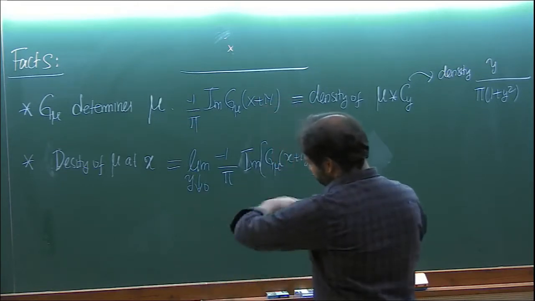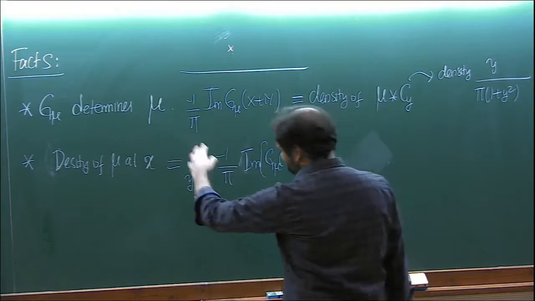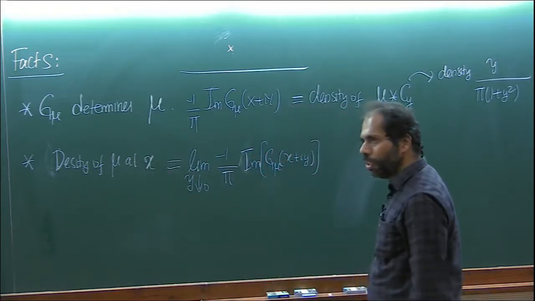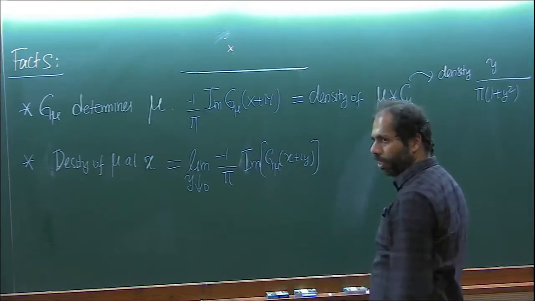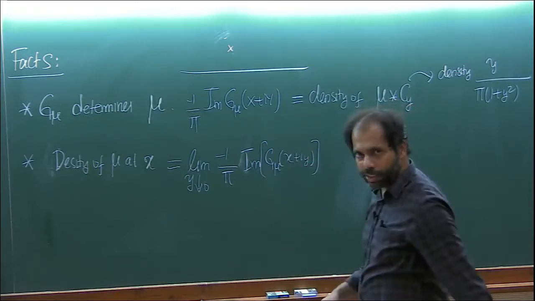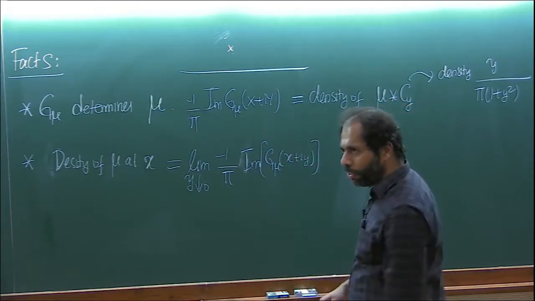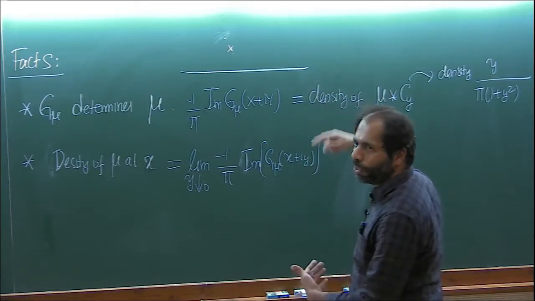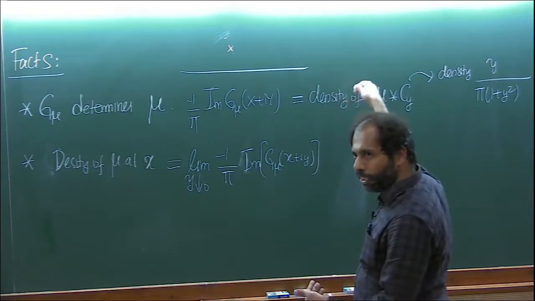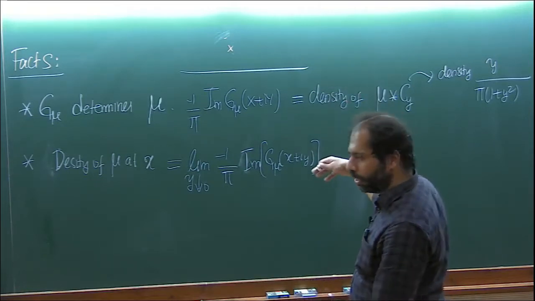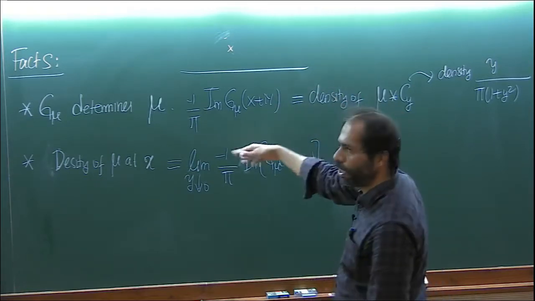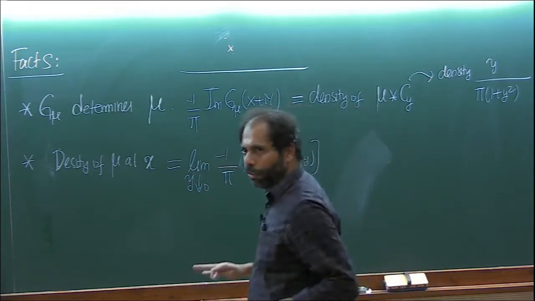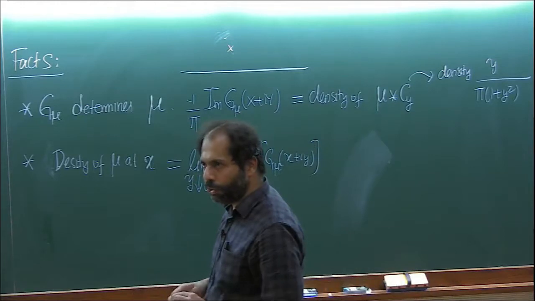If this limit exists, then mu has a density at that point. Conversely, if mu has a density at a point x on the real line, then this limit will exist and they are equal. Because as y goes to 0, this converges to mu, so with a little bit of work the densities will converge to the corresponding density of mu itself. So this is the basic fact about the Stieltjes transform which we are going to use.